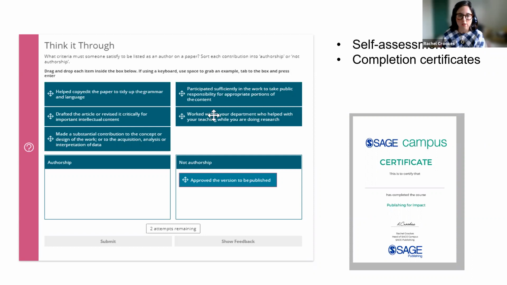We provide correct answers and we give feedback if you are getting it right or if you're getting it wrong. And this topic is actually a lot trickier than it looks. So authorship is quite tricky to get right first time. So this part of the course is very important to read through, and then there's some trick answers here to make sure that the learning has really been digested.